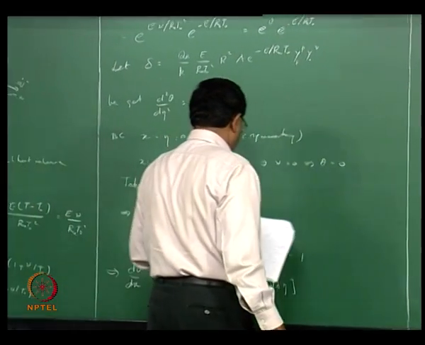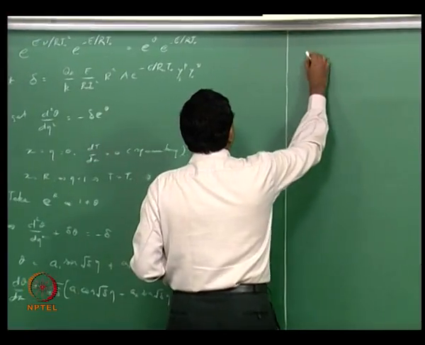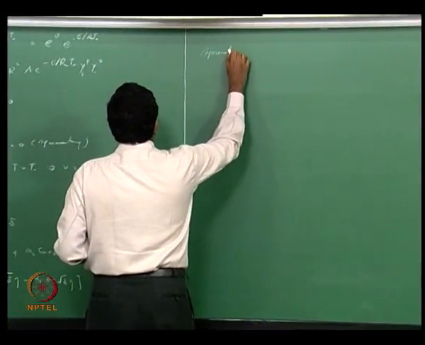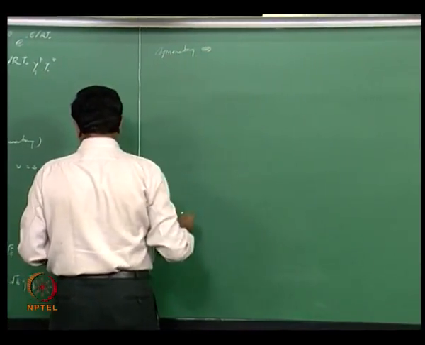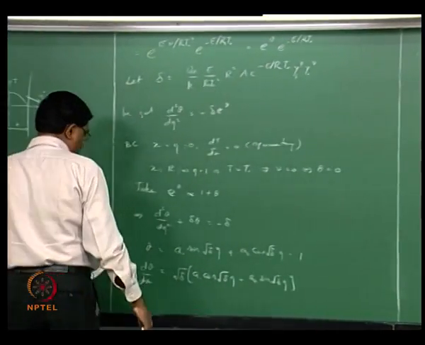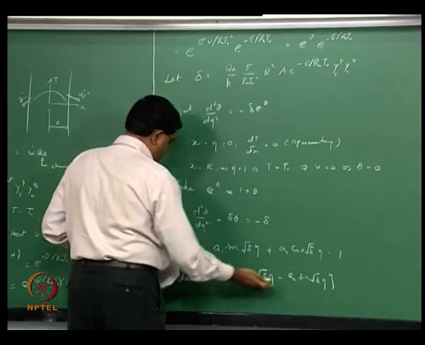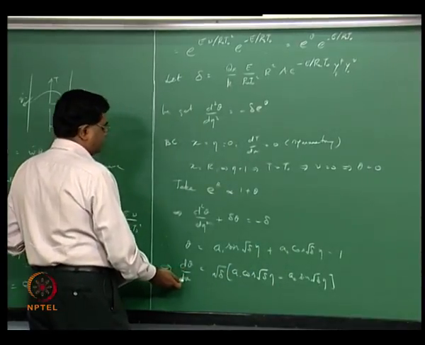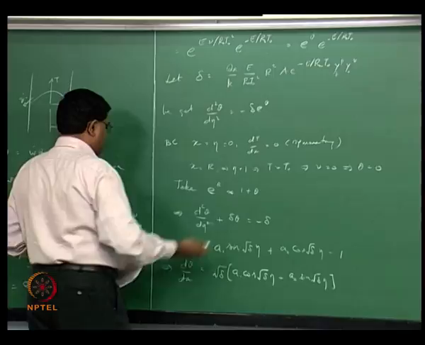So if you now supply the boundary conditions, the symmetry boundary condition implies that you plug in eta equal to 0 and the sine term goes away, and then you say that d theta by d eta should be equal to 0, which is the same as dT by dx equal to 0.